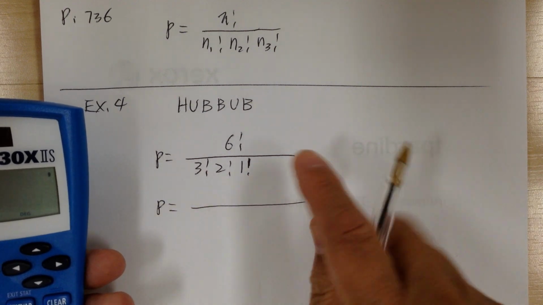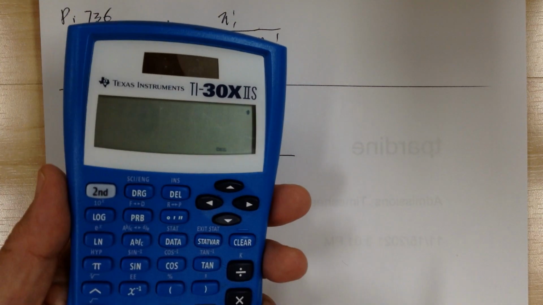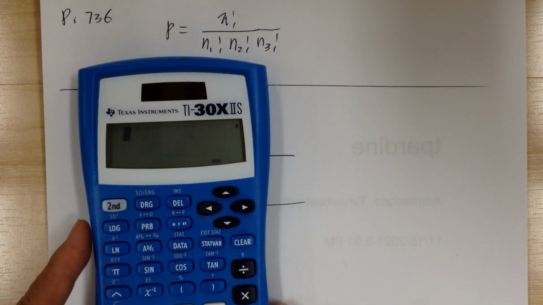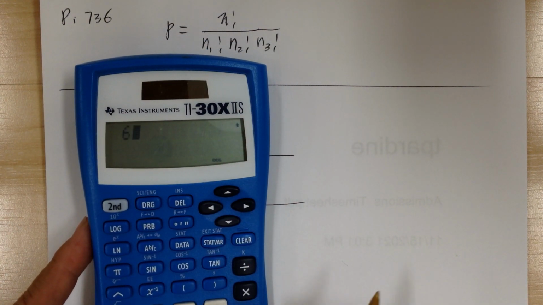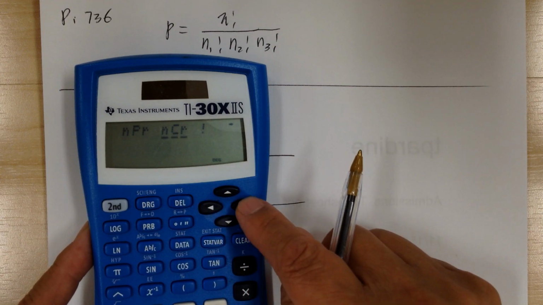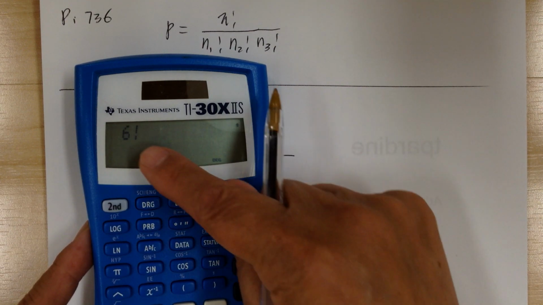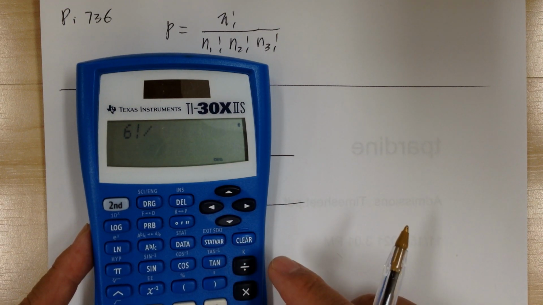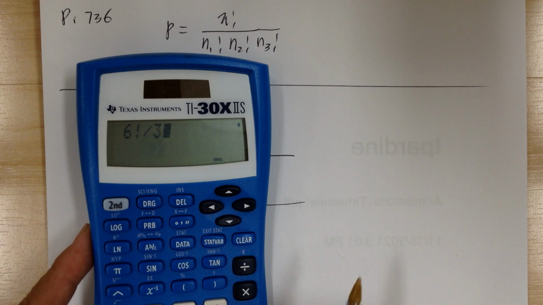Okay, so to do this on the calculator, let's do this. It goes 6, and then you have to go factorial. You have to do this one right over here, so you have to move over to choose that. So that's 6 factorial. Then you're going to divide it by 3 factorial.